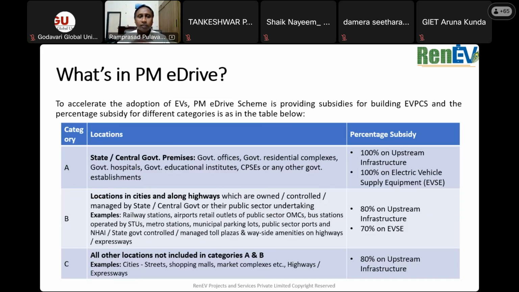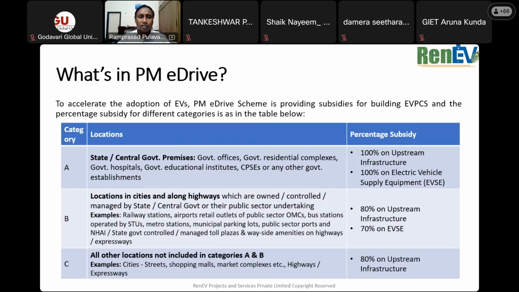So if it is to be installed at a metro station, bus station, airport, or railway station, again, Government of India is providing 80% subsidy on the upstream infrastructure. When we mean upstream infrastructure, it means transformers, switchgear, cables, and all sorts of things, and 70% subsidy on electric vehicle supply equipment.